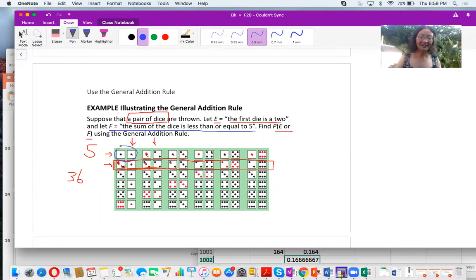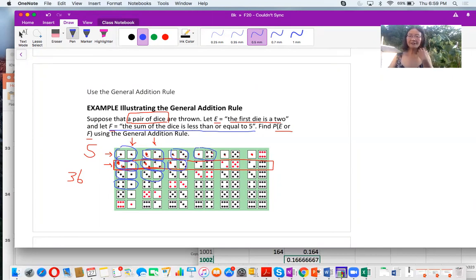This one, when you add them together, is less than 5. And this one, less than 5, less than 5. This one, equal to 5. And this one, less than 5, less than 5, equal to 5. This one, less than 5, equal to 5. And this one, equal to 5.